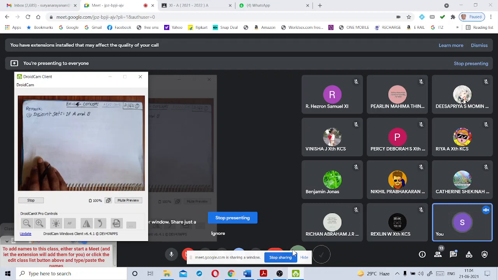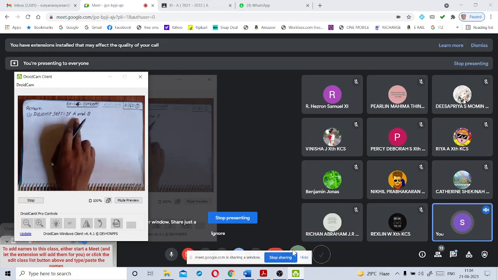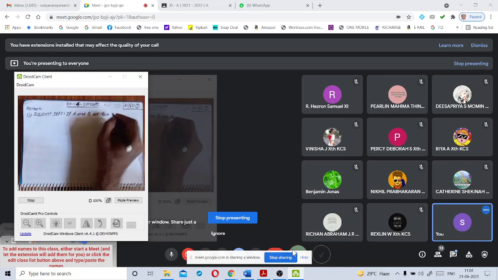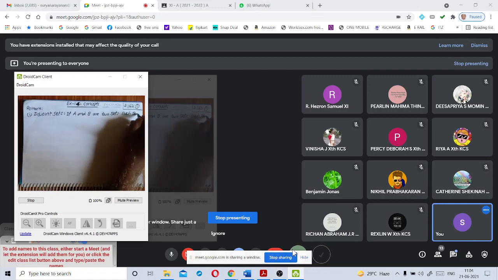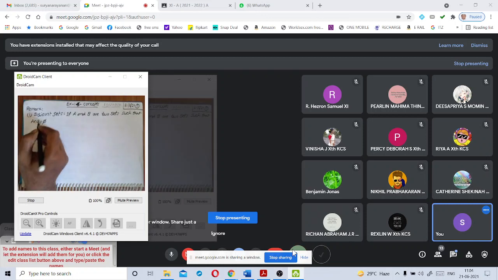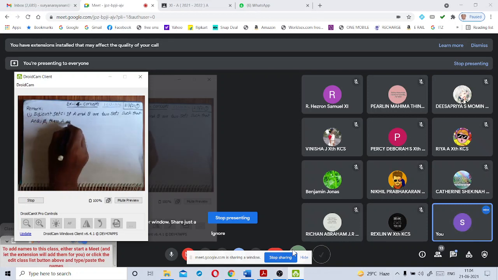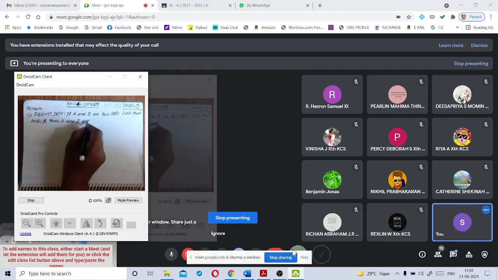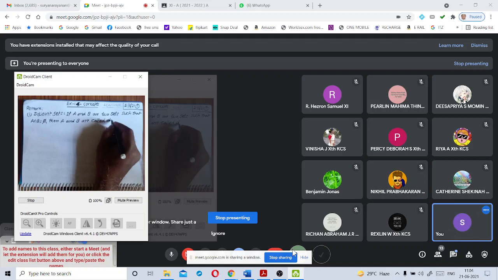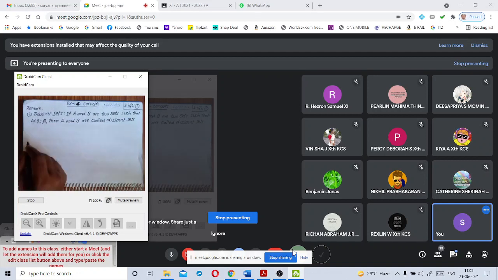Four exercises. Now come to the definition of disjoint sets. If A and B are two sets such that A intersection B is equal to the null set, then A and B are called disjoint sets.